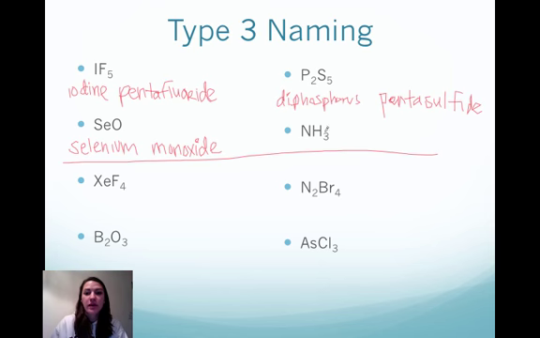Same thing for this next one, except I have 1 nitrogen. I've got 3 hydrogens, so that's going to be a tri. So I've got nitrogen trihydride. That's maybe a new one, trihydride. That's how hydrogen changes, from hydrogen to hydride. I would like you to write out each formula and then say what the name is for these 4.